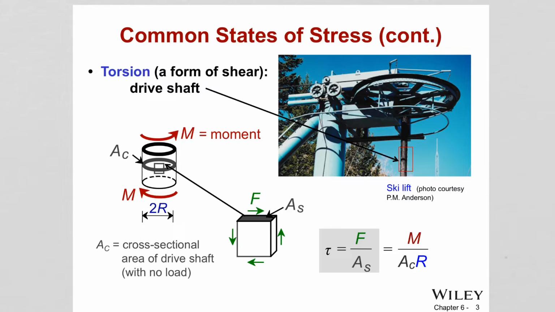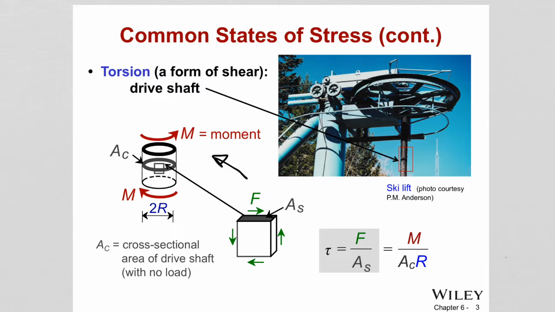Another type of stress is torsion or shear, where there's a drive shaft, for example. The material is exposed to torsion, like twisting. As you see here, we are trying to twist the material on both sides, and there is the torsion moment.